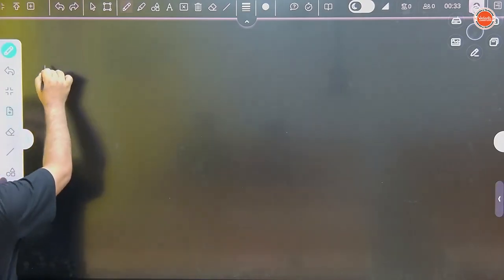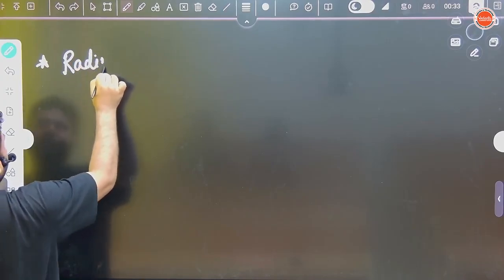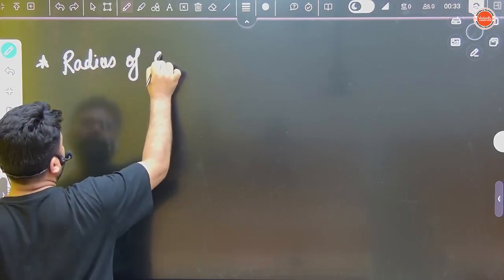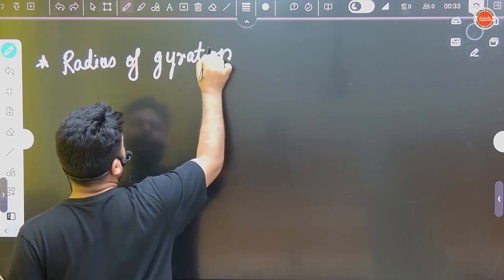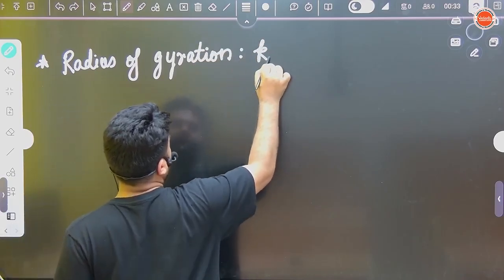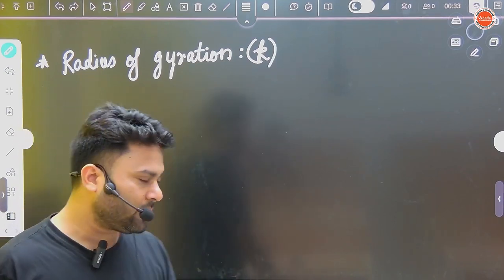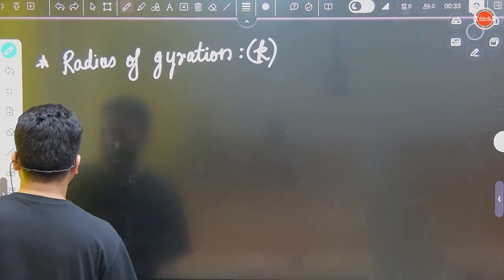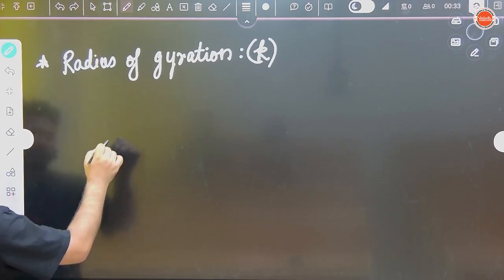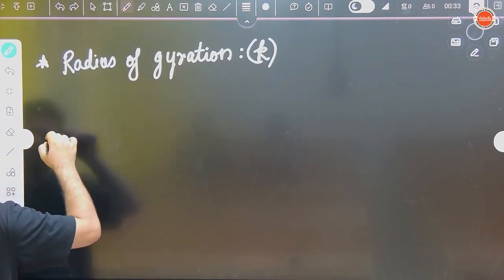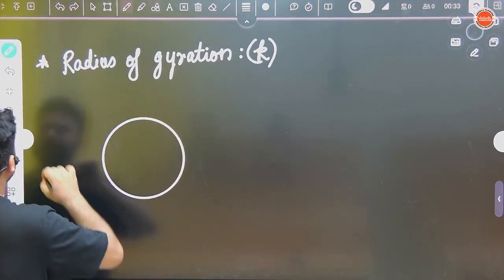Next is radius of gyration, K. Now what is radius of gyration? For example, suppose this is a solid sphere, correct?